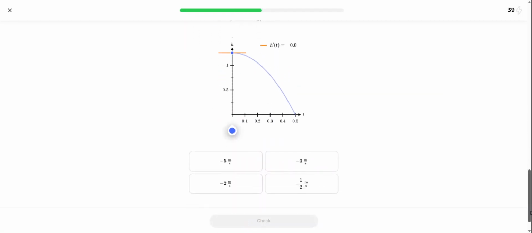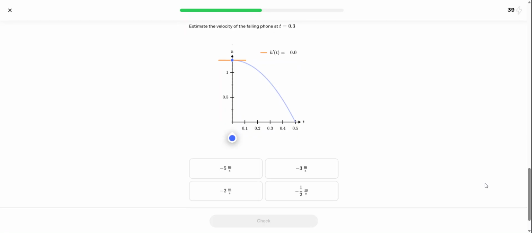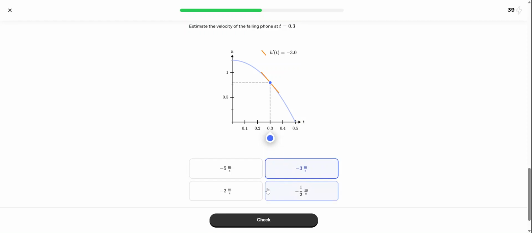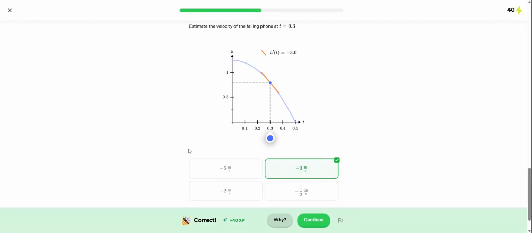Now, estimate the velocity of the falling phone at t equals 0.3. So simply we need to find 0.3, so I'll drag it like this. Approximately minus 3.0, so this one is true. Check. Yup, super correct. So why, for the reasoning again?